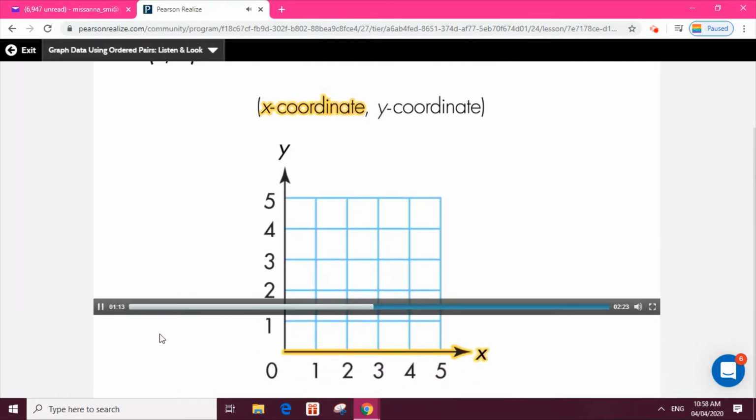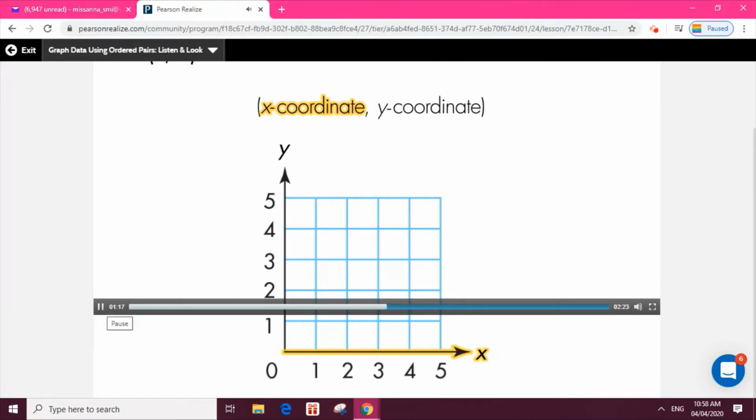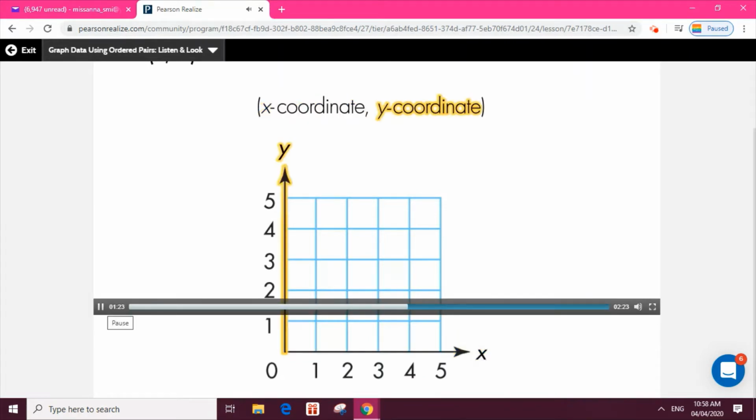The x-axis is the horizontal axis, so the x-coordinate tells how far to move along the horizontal axis, or how far to move to the right. The y-axis is the vertical axis, so the y-coordinate tells how far to move along the vertical axis, or how far to move up. Listen and look for other students who understand what the numbers in an ordered pair represent.